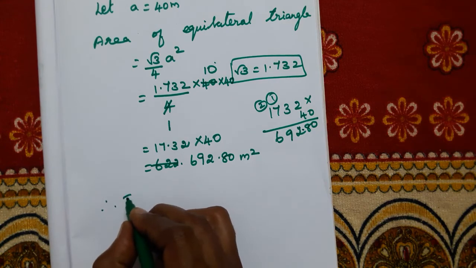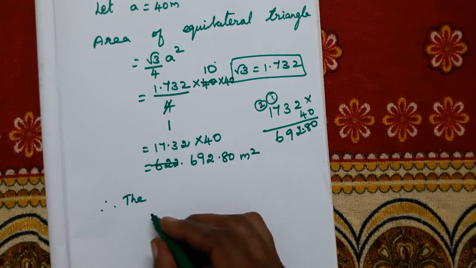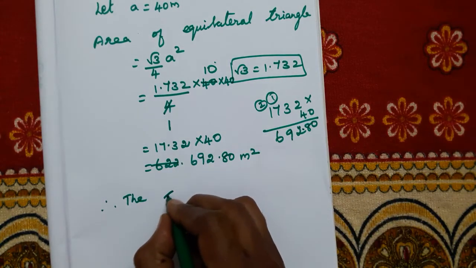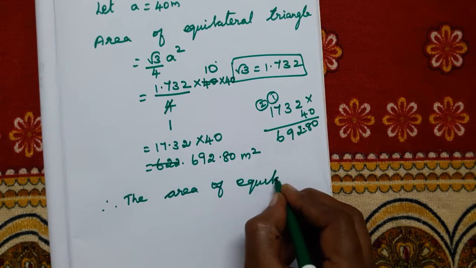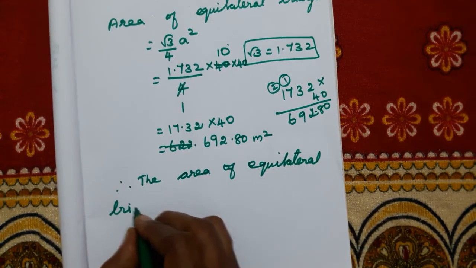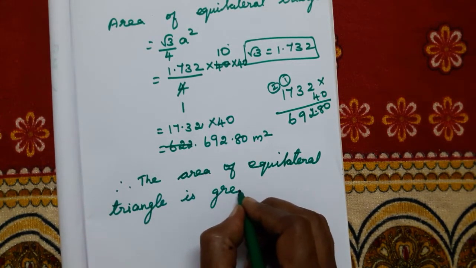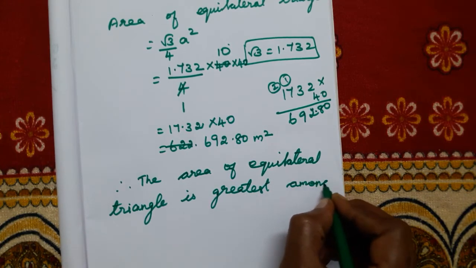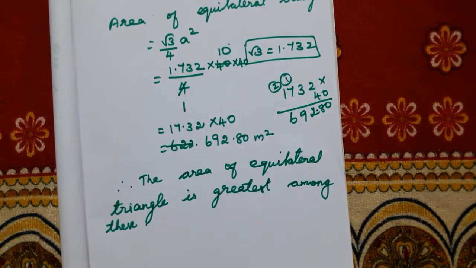Therefore, the area of equilateral triangle is greatest among these.